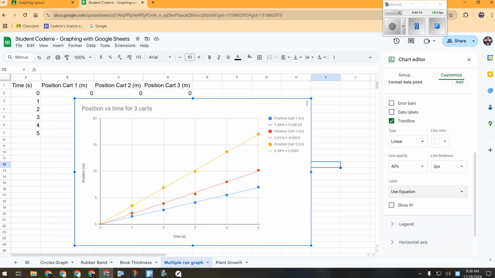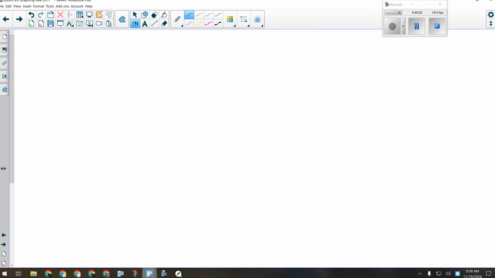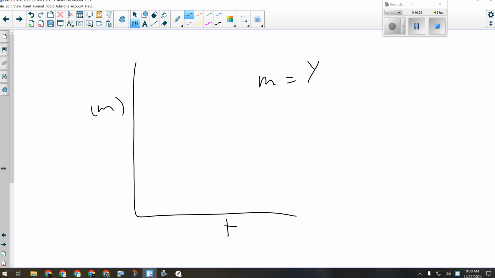And on this graph, if I calculate the slope, I've got my position versus time graph, so I'm going final position minus initial position. What's on the x-axis? Time. If I go displacement divided by time, does that calculate velocity? So the slope on this graph is the velocity of the cart.